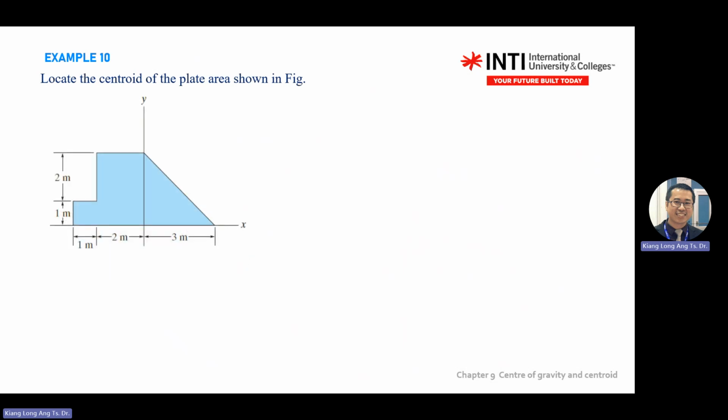So you can break into 2 different shapes or even 3 different shapes. You can use this small square plus this rectangle plus this triangle, or a trapezium minus a small rectangle, or one big rectangle minus this one minus a rectangle. It depends on your combination.